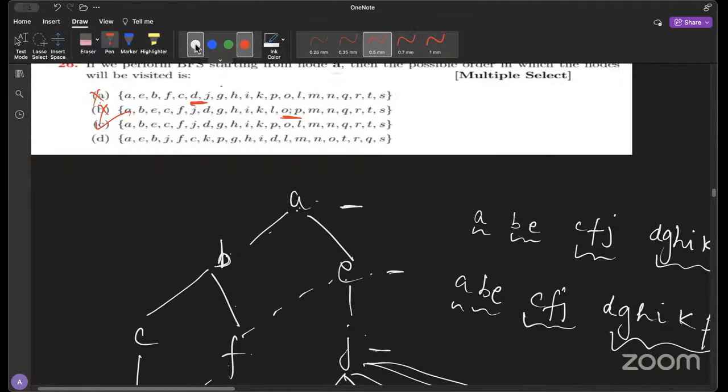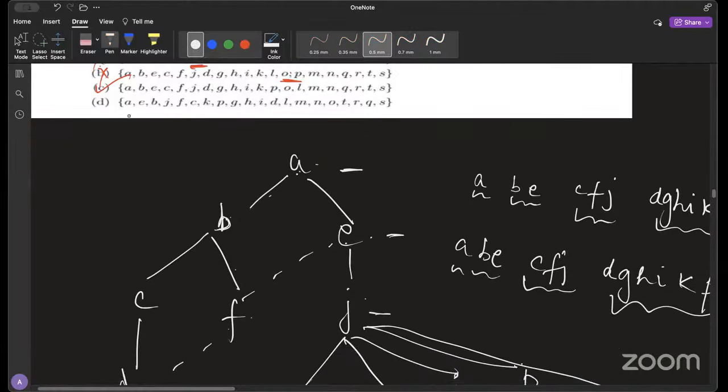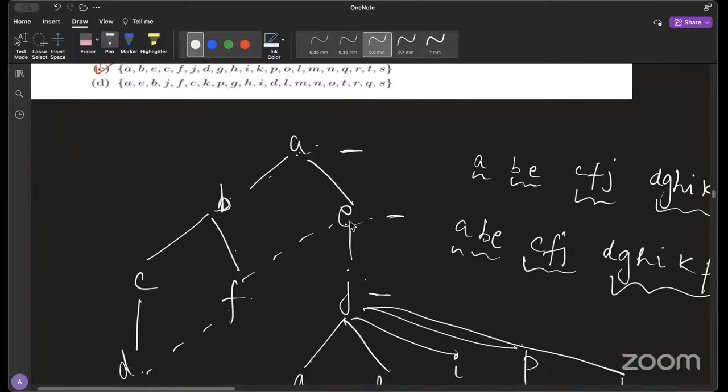Then let's come to the last option. We have A, then we have E, B. I already mentioned that the order does not matter. Either you write A or you write E, B, B, E, does not matter. Then you have J, F, C, that's also fine.